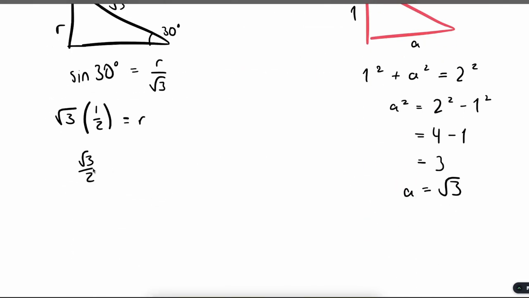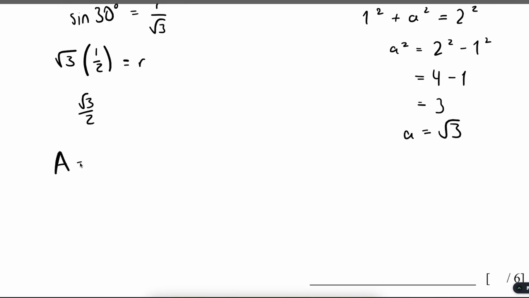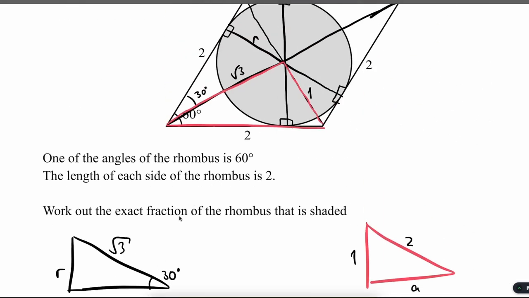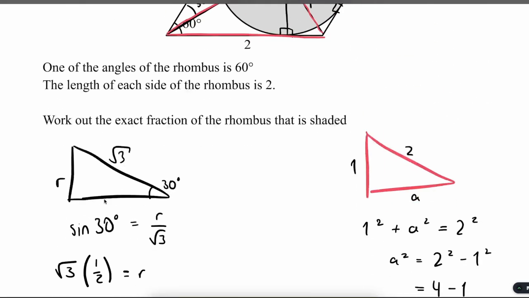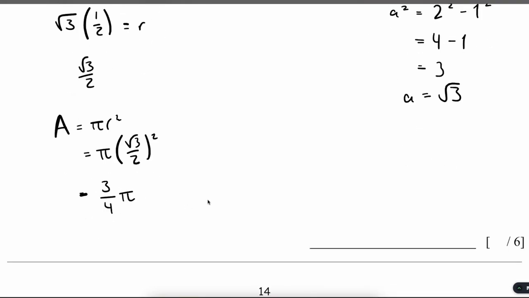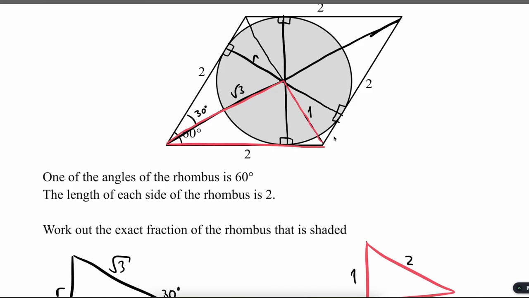So we can use that by getting the area of the circle is pi r squared. So that's pi root 3 over 2 squared, which is 3 over 4 pi. So that's the area of this circle. And the area of the rhombus, well, we need to work out the area of the rhombus as well. So the area, it's made up of two equilateral triangles. So there's two on each side.